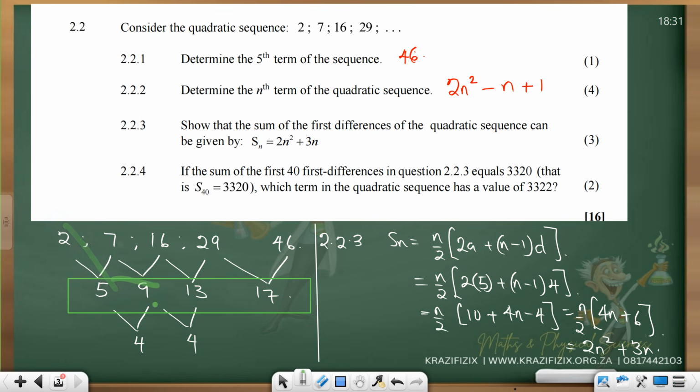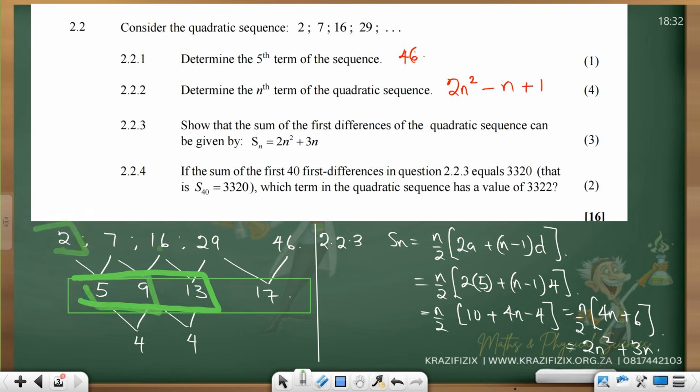Now, the examiner says if the sum of the first 40 differences is equal to 3320. Let's come back here. The sum of the first 2 is what? 14. All right? 1, 2. If I add this one to it, it will give me term number 3. So the first 2 plus this, term 3.